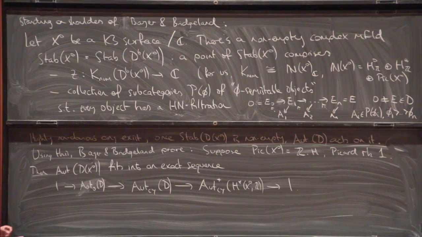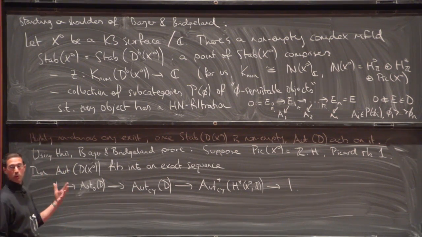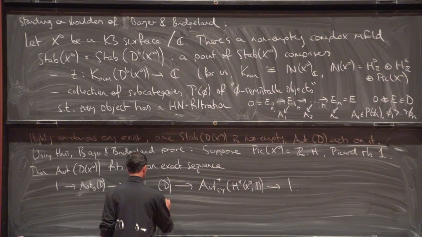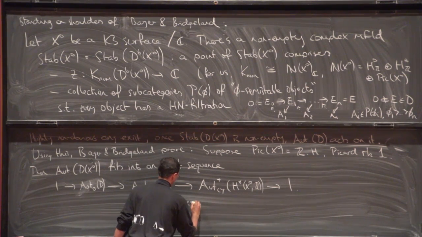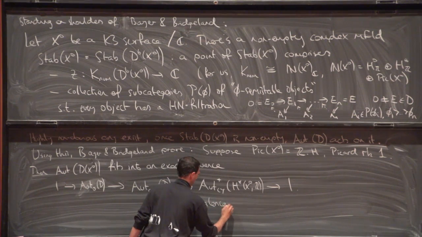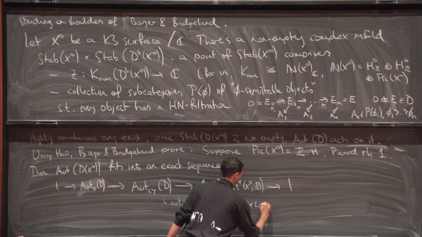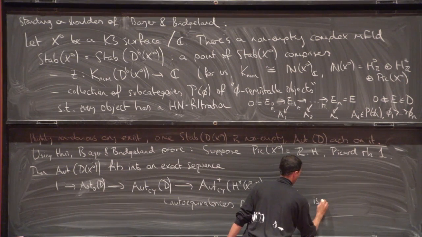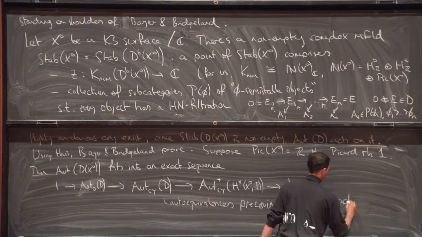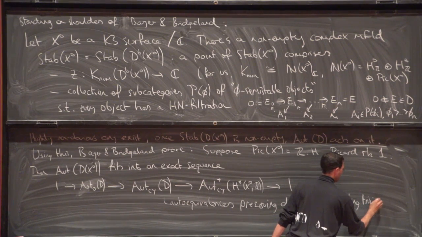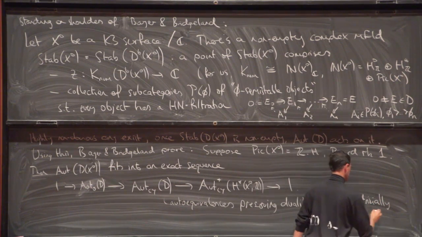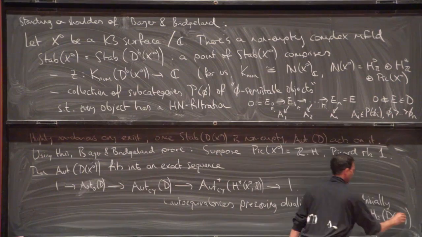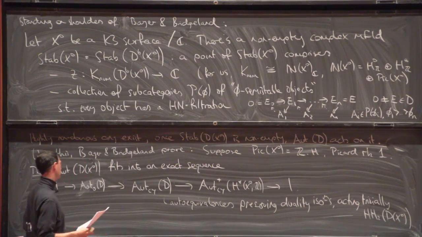I've chosen to state it for the group of Calabi-Yau equivalences. These are the autoequivalences of the category that preserve said duality isomorphisms. And Bayer and Bridgeland observed that it's equivalently the autoequivalences that act trivially on the second Hochschild homology of the category D of X naught.